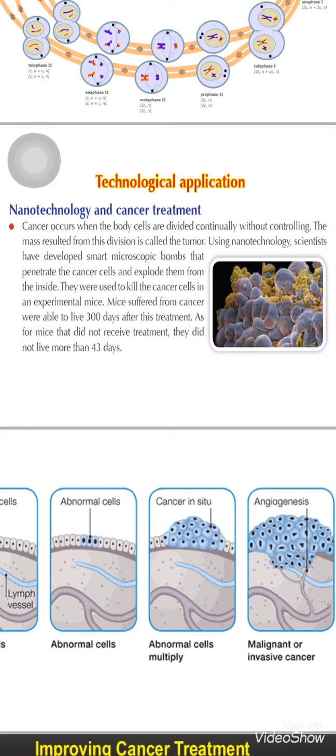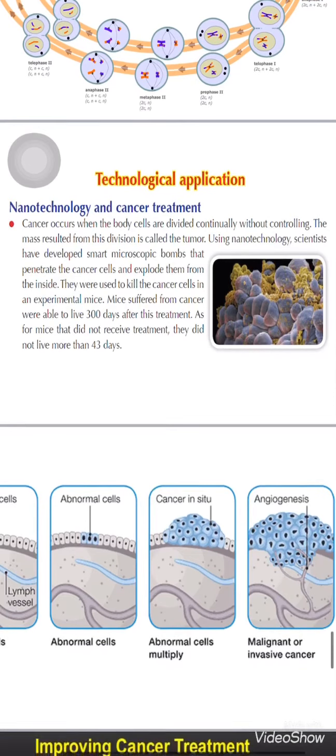So when they injected them with the smart microscopic bomb, the cancer cells exploded. The mice which were injected with the treatment, or with the microscopic bombs, could live for 300 days, while the mice who didn't receive the treatment only lived for 43 days. Okay, so this treatment showed that it was effective.